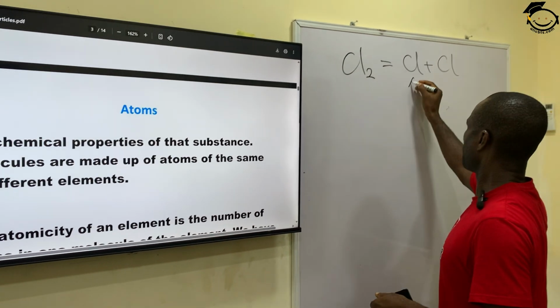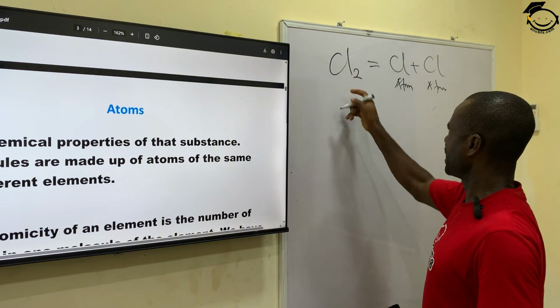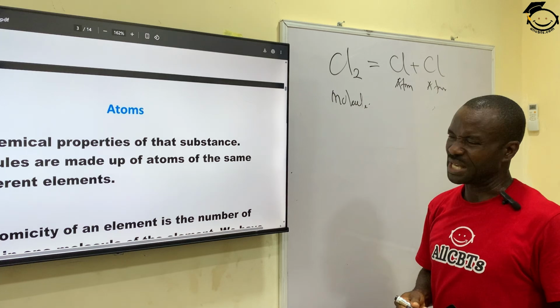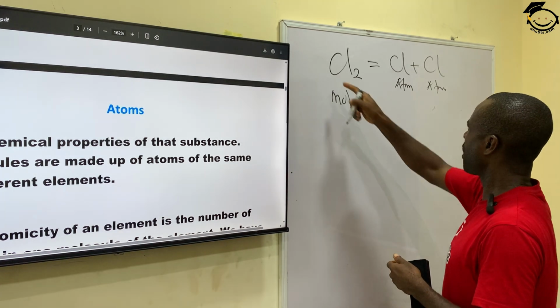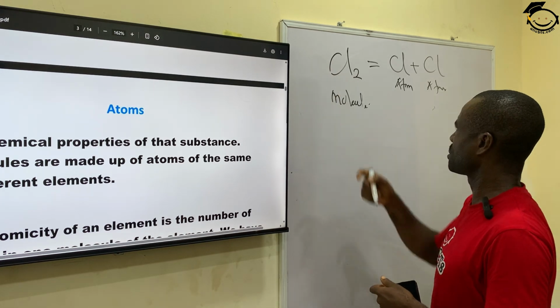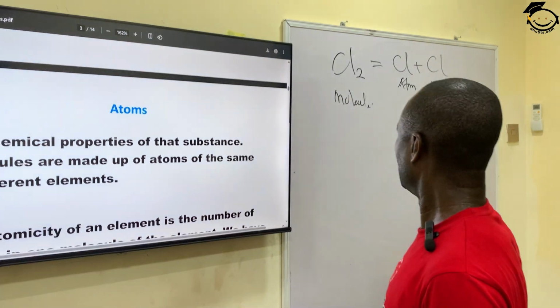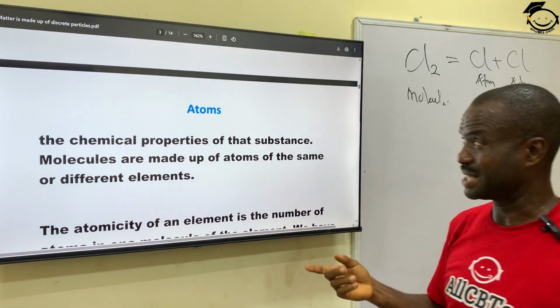So this is one atom. To make a molecule is defined as the multiple of atoms. So we call this one a molecule instead of calling it two atoms of chlorine. The number of atoms present in a molecule is what we call the atomicity.